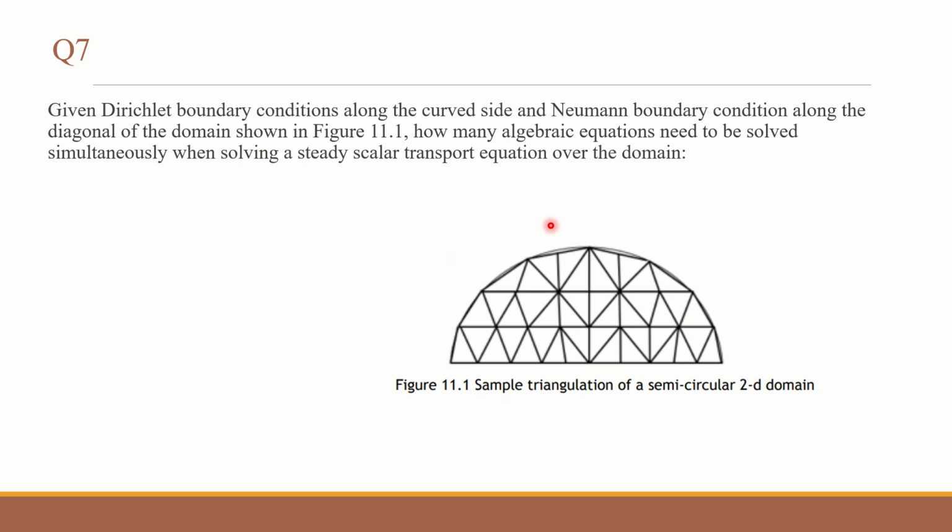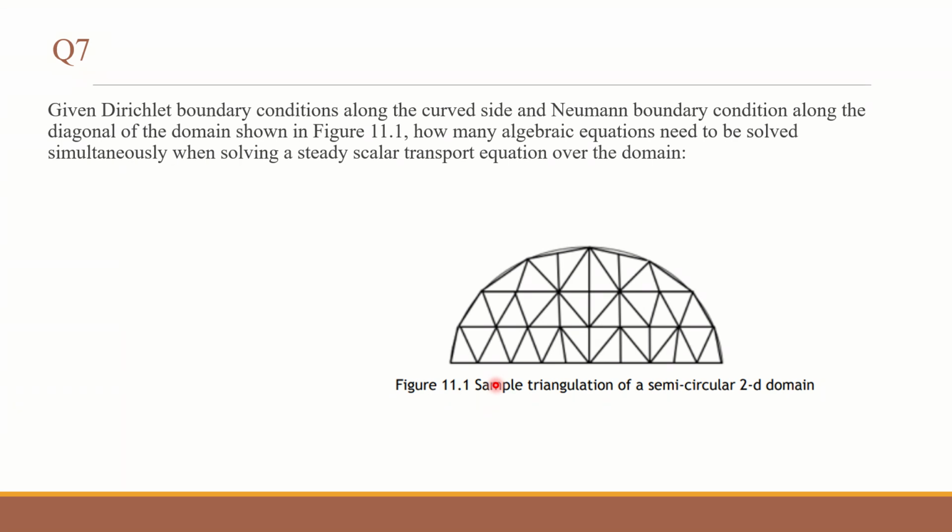Curved side we are giving Dirichlet boundary condition, and Neumann boundary condition we are giving along the diagonal of the domain. So what do we do in Dirichlet boundary condition? In Dirichlet boundary condition we specify the value of the variable, whereas in Neumann boundary condition we specify the value of the derivative of the variable.